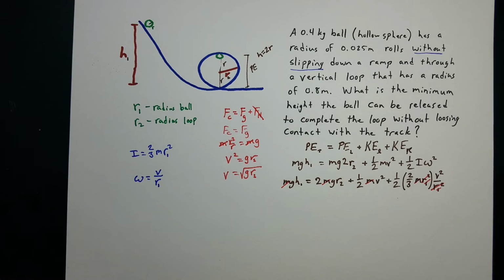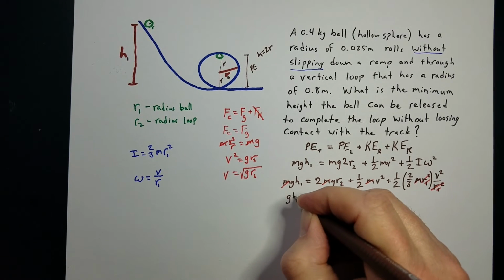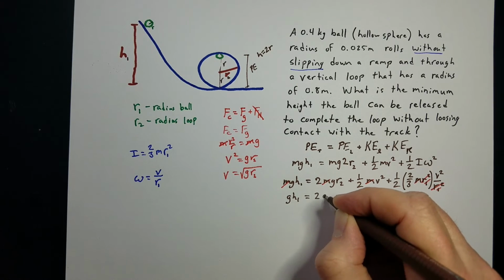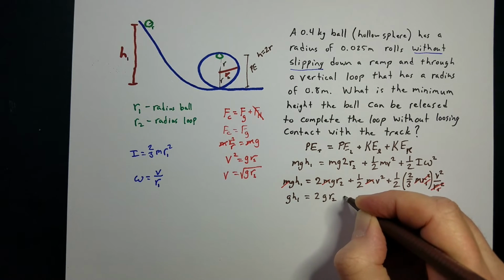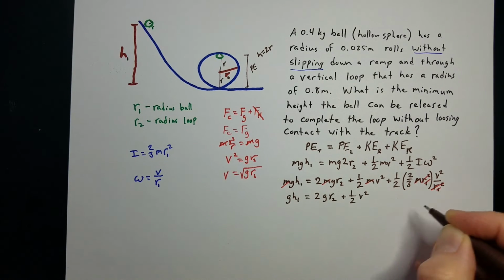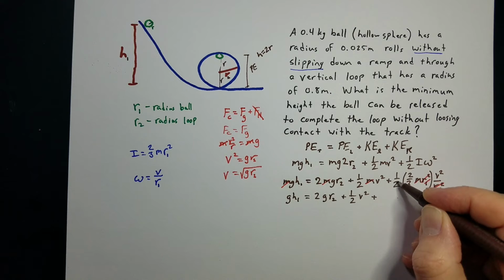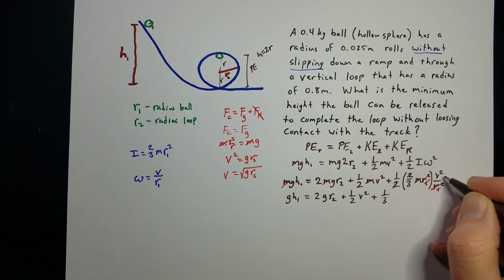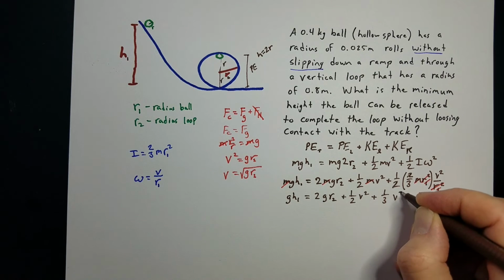We get g h1 equals 2 g R2 plus 1/2 v squared plus, the 2 and that 2 cancel each other out, so we end up with 1/3. The only other thing that survives is the v squared.